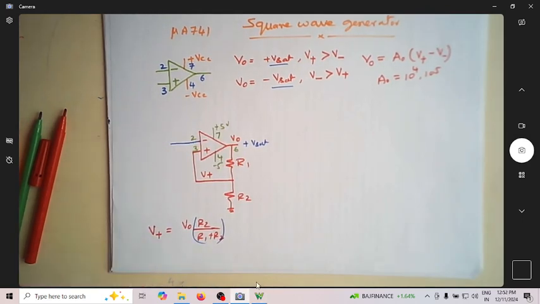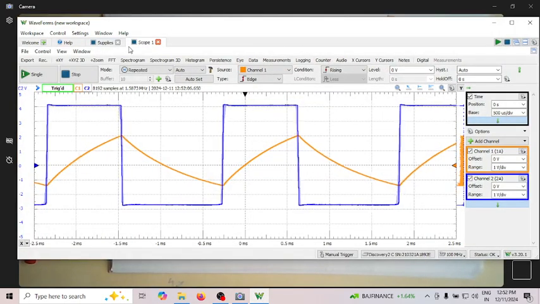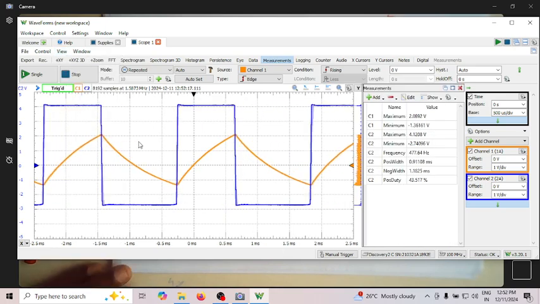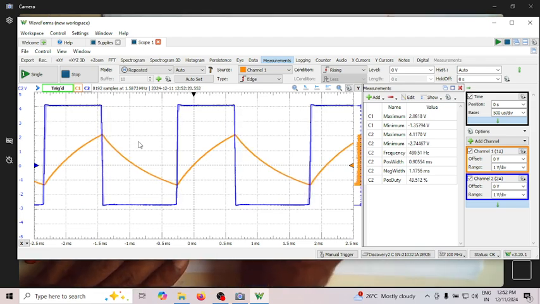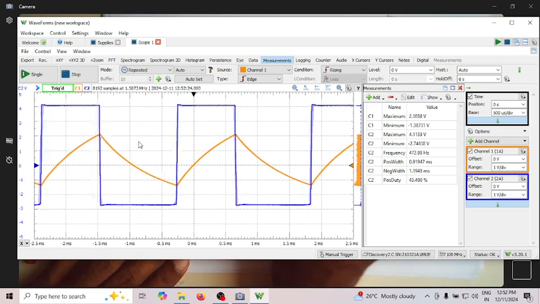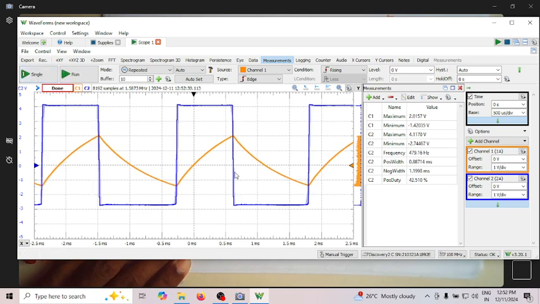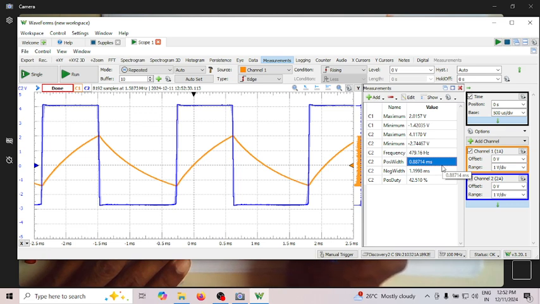Let me consider a typical value that we usually get from the experiment, which I am just measuring from one of my readings. The plus Vsat, the maximum, is 4.1 volt, and minus Vsat in this particular case is minus 2.74 volts.